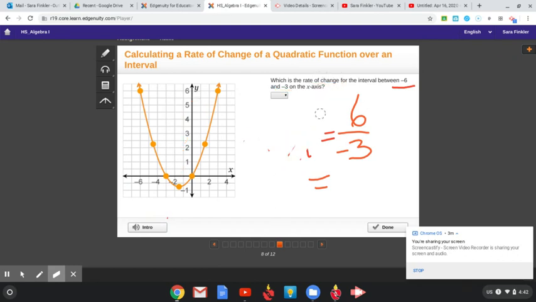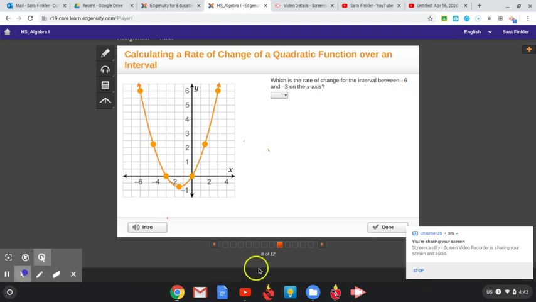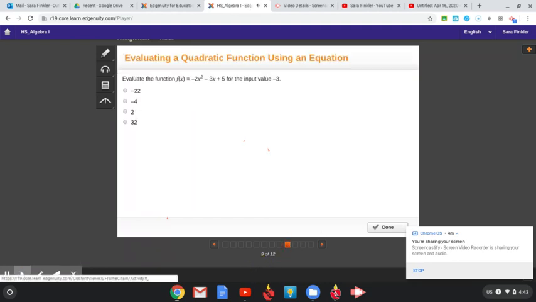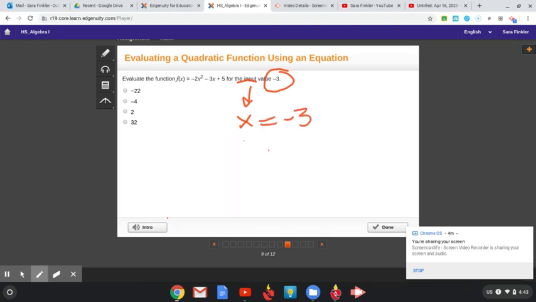It's a video. Determine the value of the function for the input indicated. All right, remember we already went over this, so look back at those previous questions. Input, remember, means your x value. So if we have an input value of -3, then x equals -3.